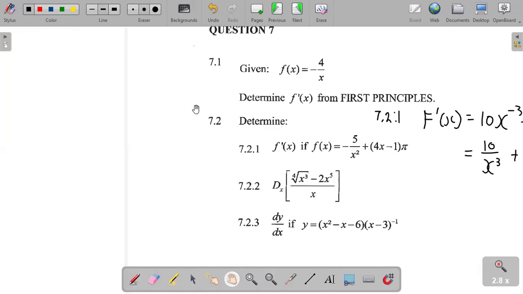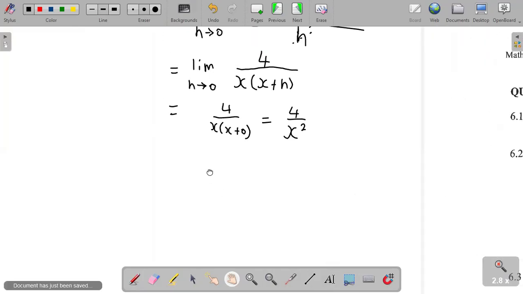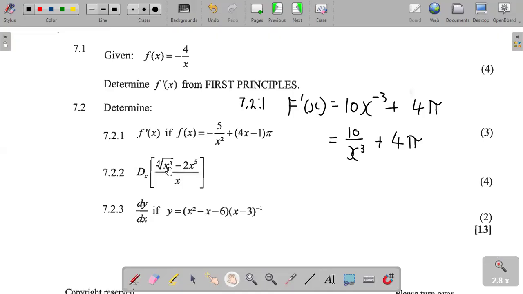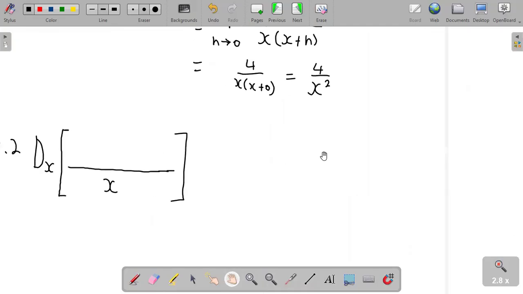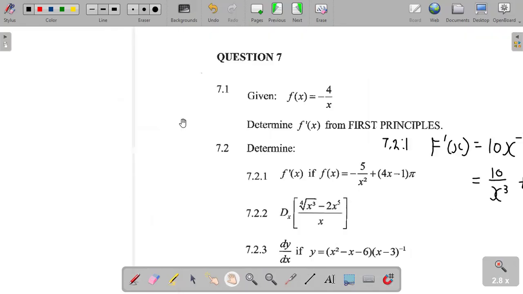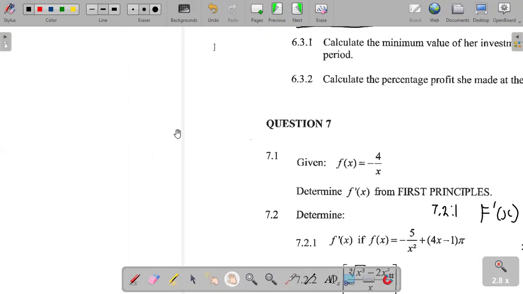So it's dx over x, and then fourth root, and then x cubed, and then minus 2x to the power 5.